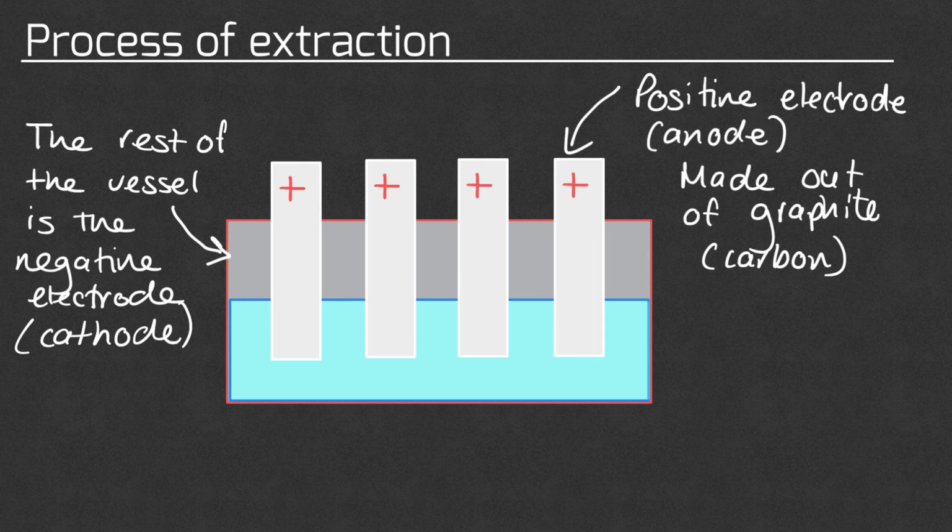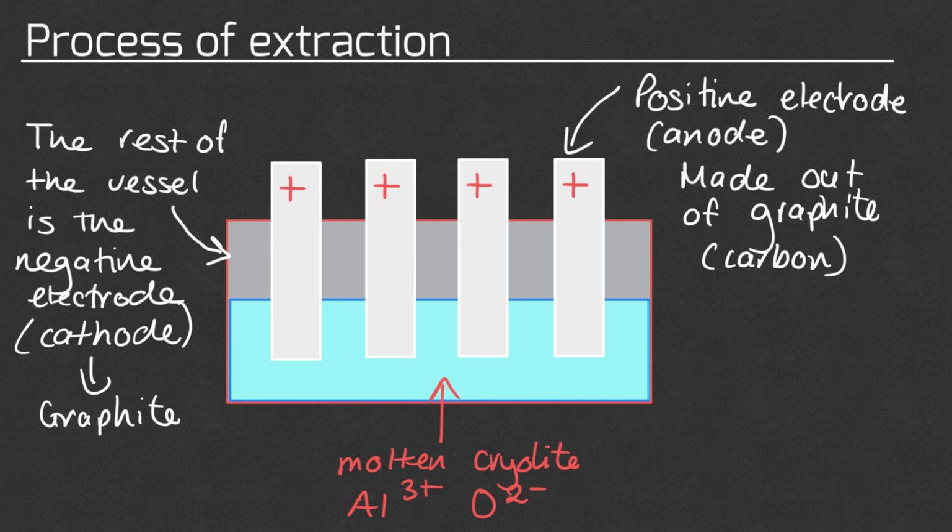Now, when we're extracting aluminium, the rest of the vessel is the negative electrode. So all the walls of the reaction vessel are connected up to an electric power lead, and they are the negative electrode. So as opposed to having a single negative electrode like we've looked at before, the entire surroundings of the vessel are the negative electrode. And this is also made out of graphite.